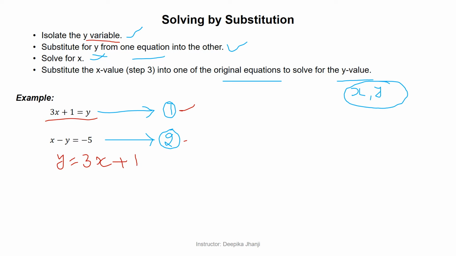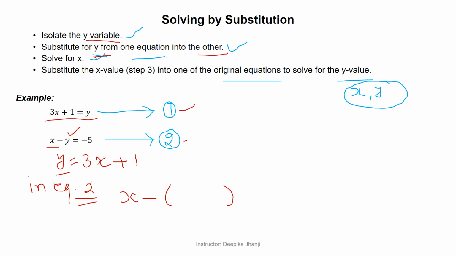The second step is to substitute the value of y into the other equation. So I'm going to plug this value of y into equation 2. When you plug in the value of y in equation 2, this becomes x as it is, minus the value of y.